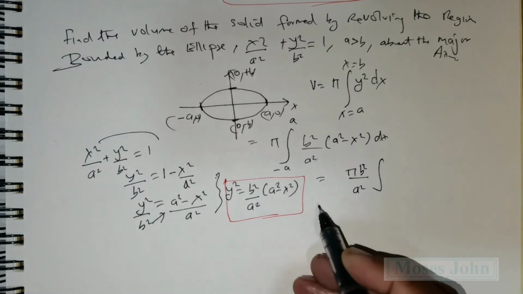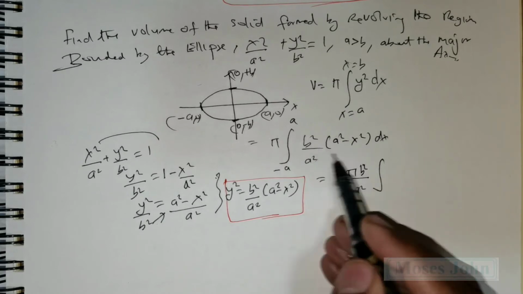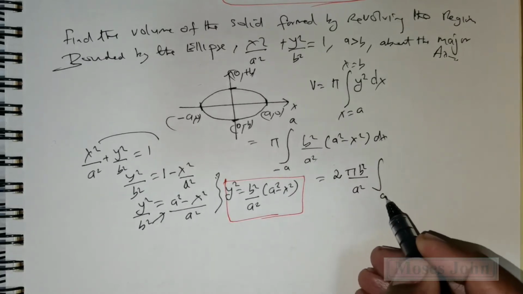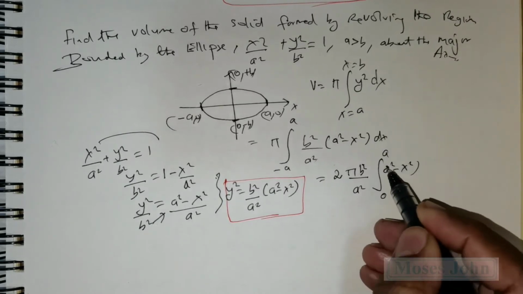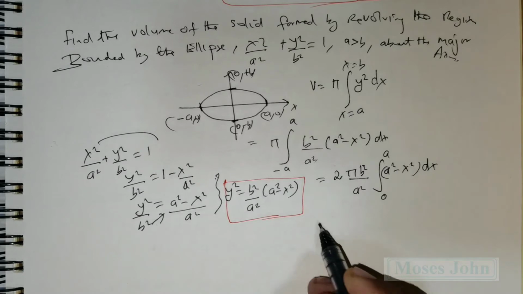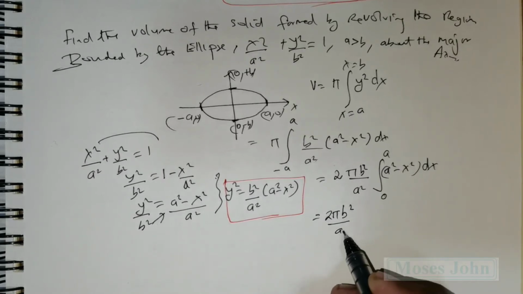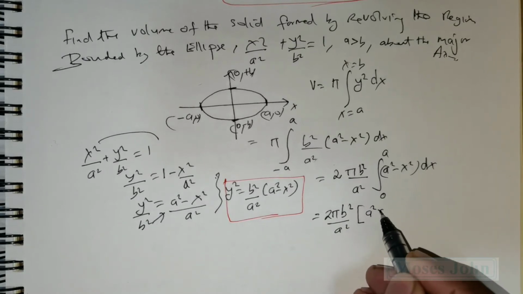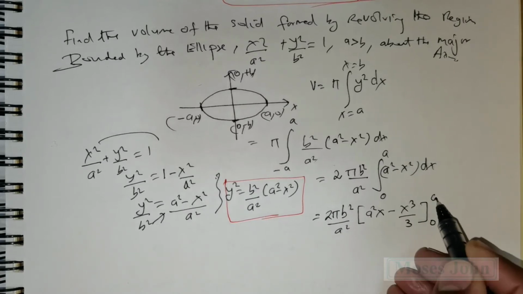The limits are negative a to a, and this is actually an even function, so I can place 2 there and rewrite this as 0 to a of a squared minus x squared times dx. Now this can be rewritten as 2 pi times b squared divided by a squared. If you integrate this, you get a squared times x minus x to the power 3 divided by 3, limits 0 to a.